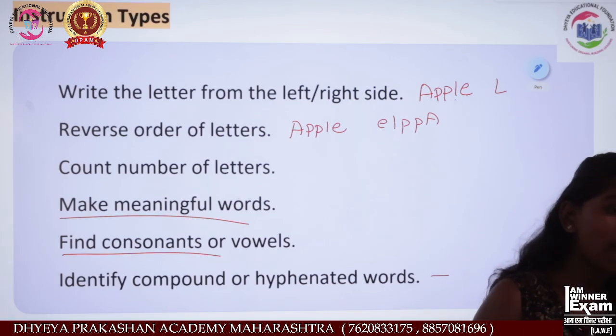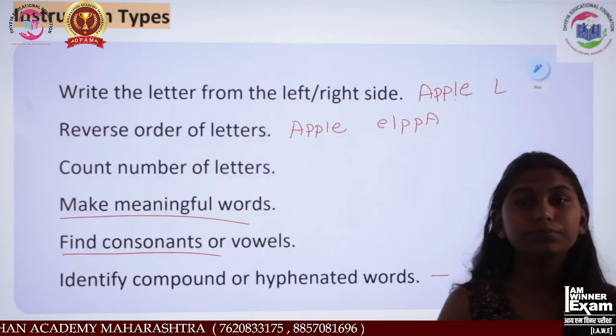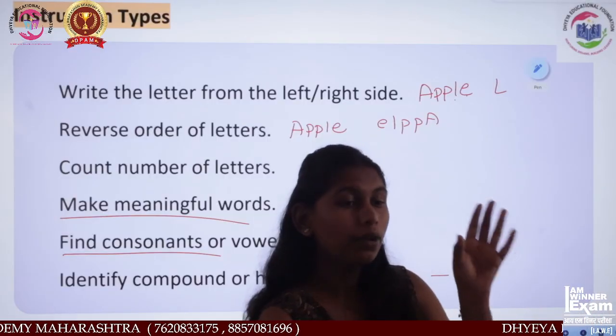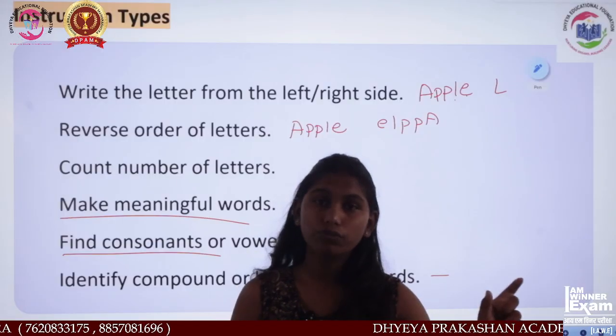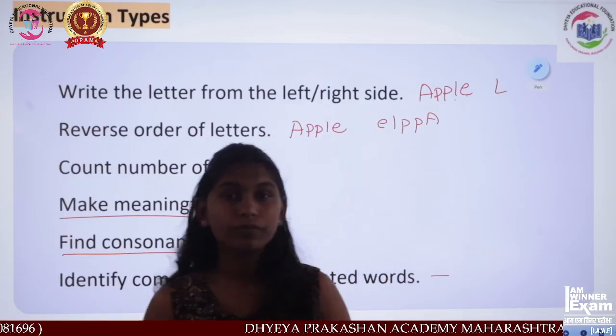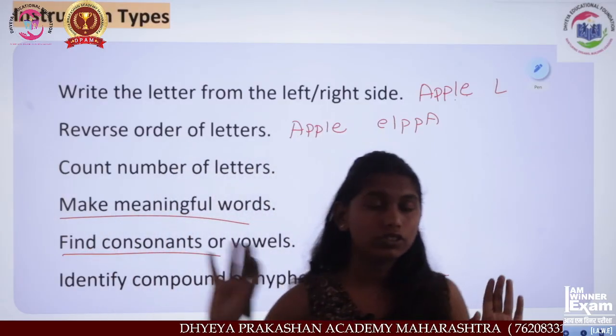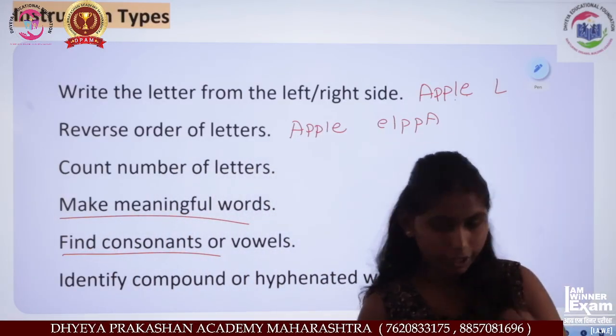Then next, identify compound and hyphenated words, and we found out which are compound words, when two words are combined together to form a new word they are known as compound words, and hyphenated words means words which have a dash in them.